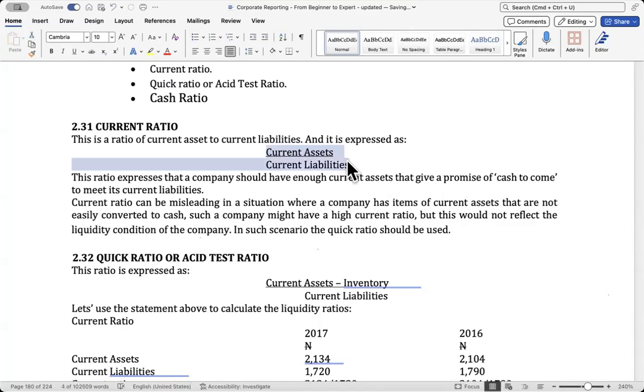It's expected that at a minimum, the current assets should cover the liabilities at least twice. That shows that, okay, you're liquid, but it could be more.